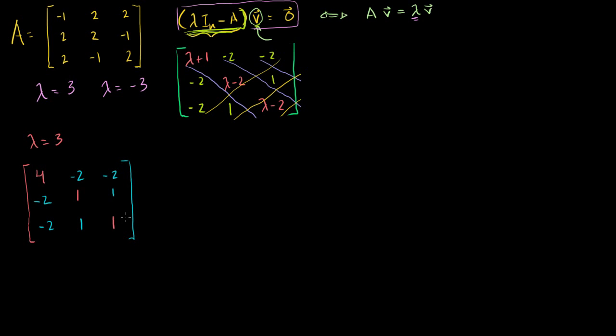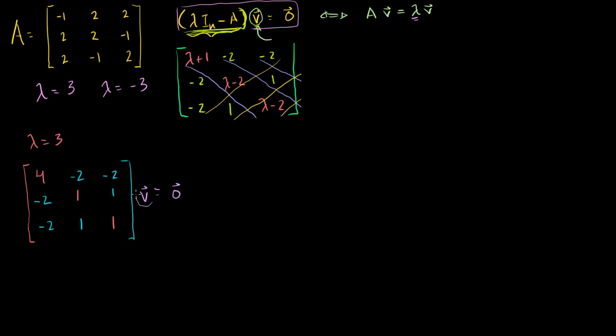And then this times that vector v, or our eigenvector v, is equal to 0. Or we could say that the eigenspace for the eigenvalue 3 is the null space of this matrix, which is not this matrix. It's lambda times identity minus A. So the null space of this matrix is the eigenspace.